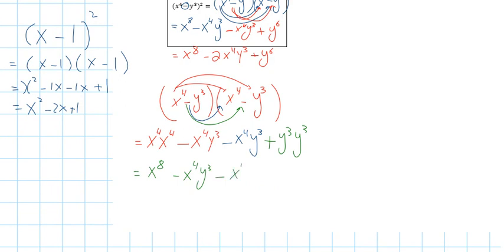And if I'm multiplying, what do I do with the exponent? Add them if I have the same base. So are we good up till now?